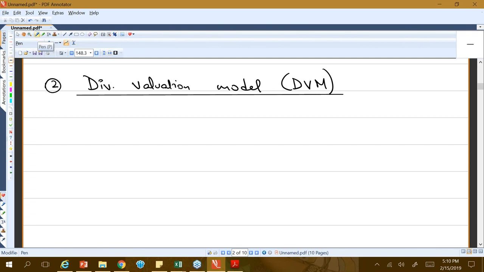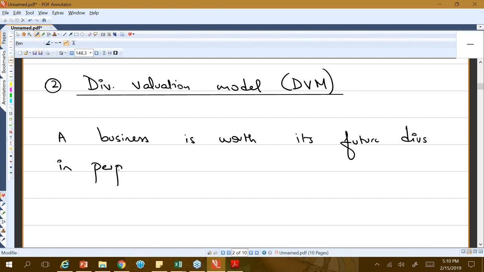Now, when we think of the dividend valuation model, we say that a business is worth its future dividends in perpetuity discounted at KE.